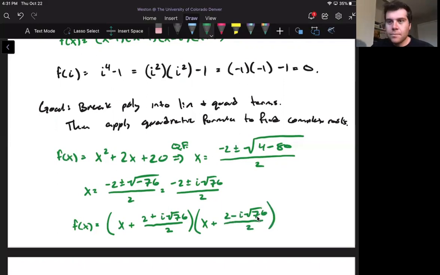And that's really all there is to it. It's always just going to be using the quadratic formula or a different factoring trick to find these complex roots.